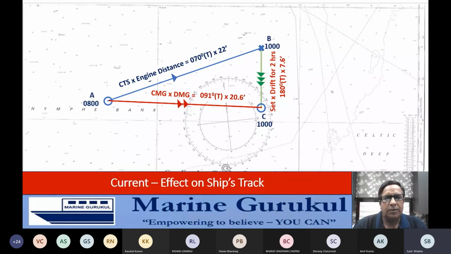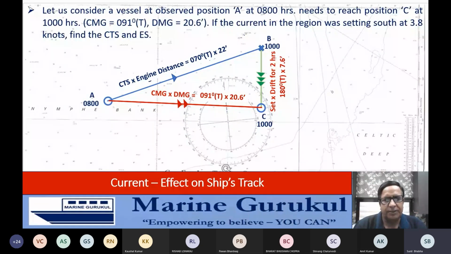Now, let us look at a possibly different scenario. The vessel is at position A at 0800 hours. She needs to reach position C at 1000 hours. Position C is her destination position, could be anchorage, pilot boarding ground. Now, that means the vessel needs to make a track over the ground, which is represented by AC, in 2 hours.